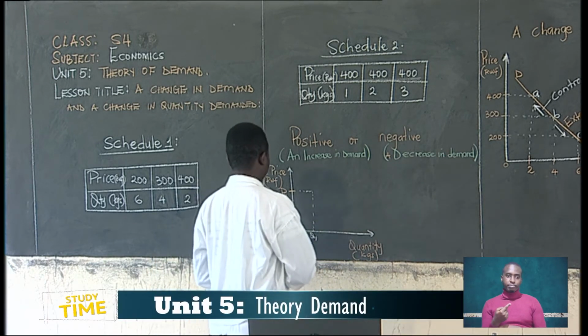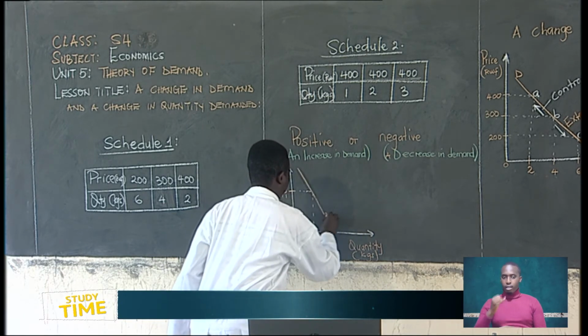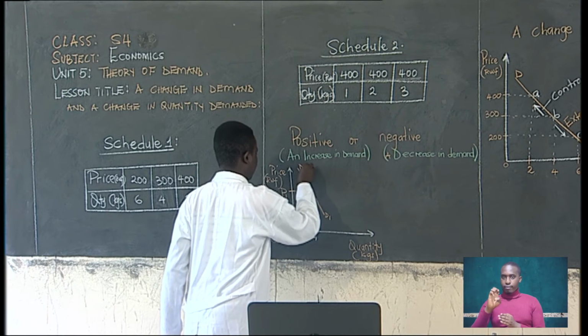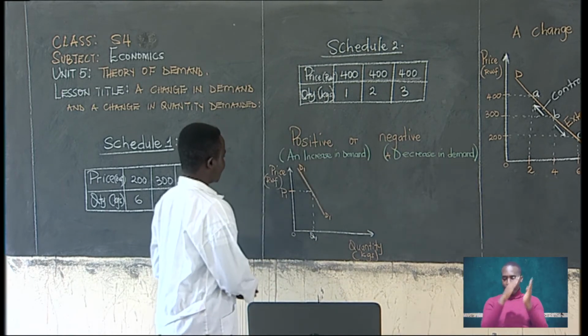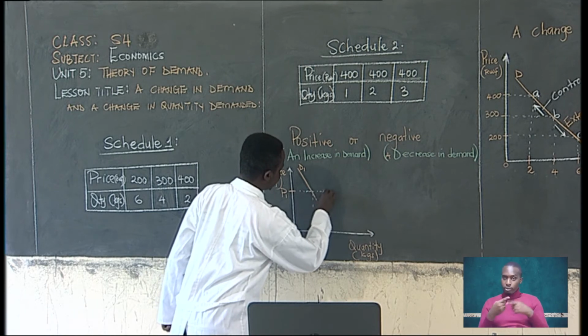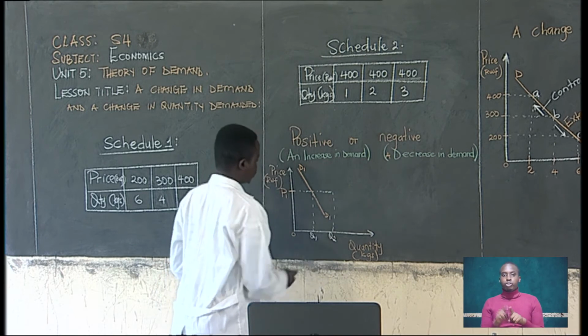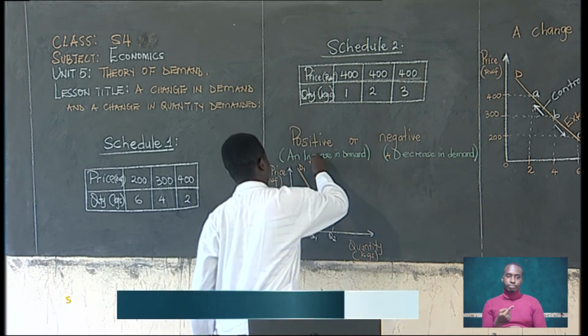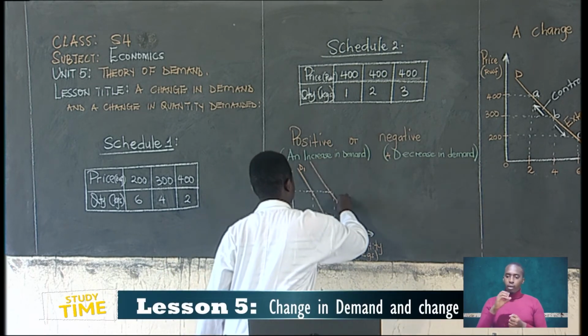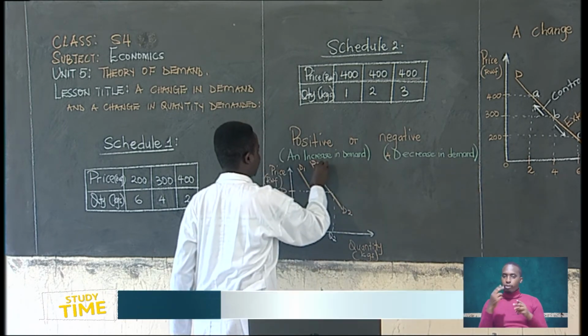And at this, we have our demand curve, D1. And maybe quantity demanded has increased at a constant price, maybe to Q2. And here we shall have our demand curve 2, let us name it D2.